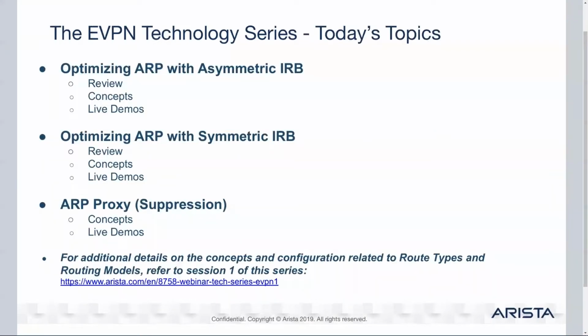One thing I'd like to call out with the scenarios out of the gate is that for each respective routing model, instead of just jumping in and saying, hey, this is how we're going to optimize ARP with asymmetric IRB and let's rock and roll, we're going to take a few minutes before we do that and actually review each respective model.